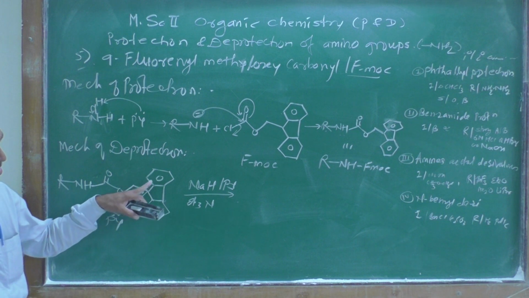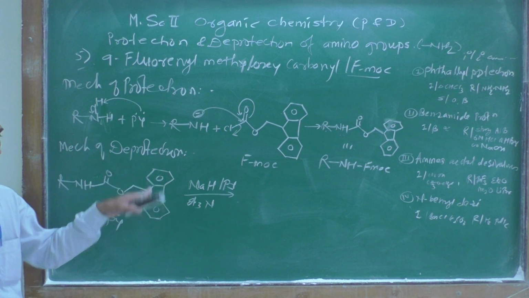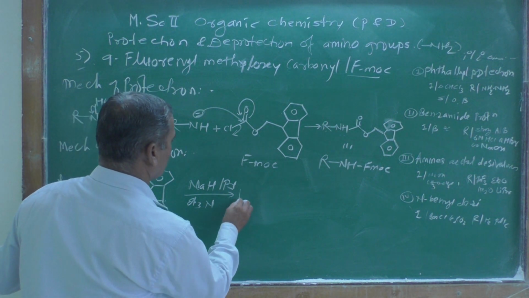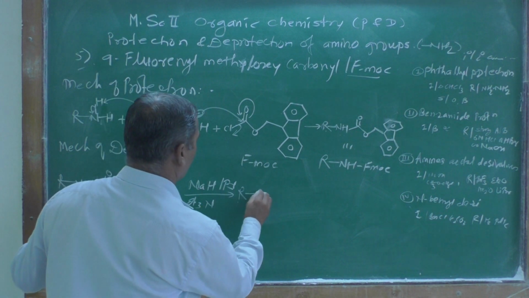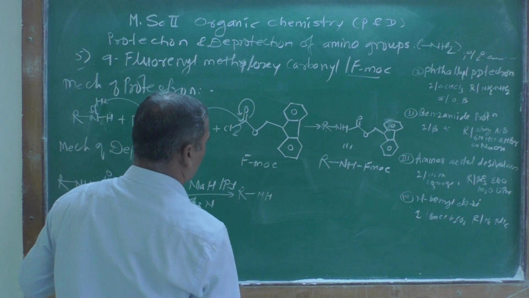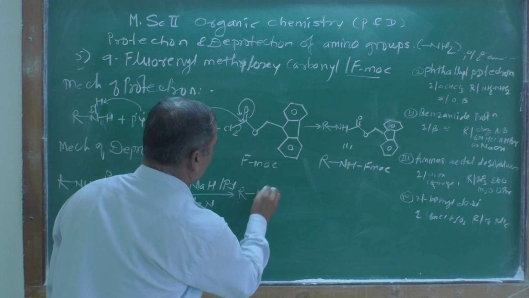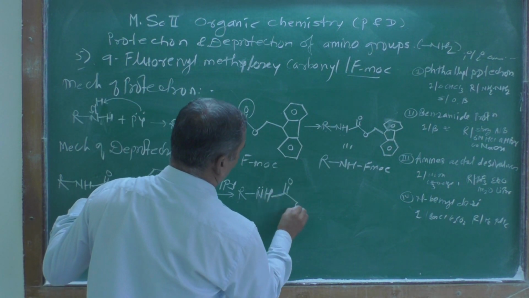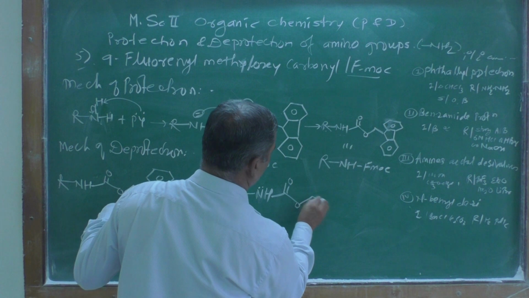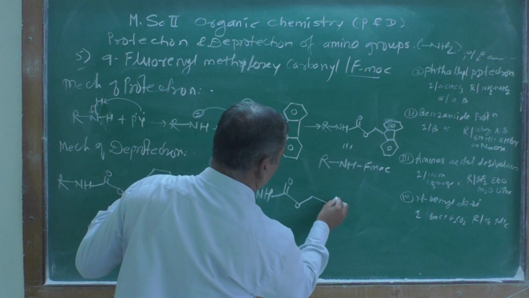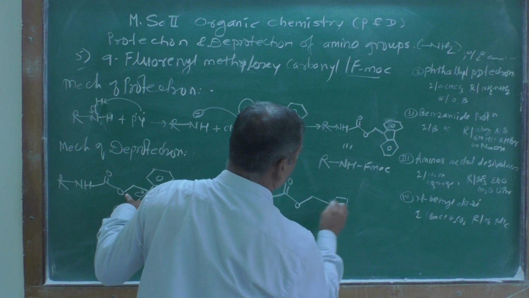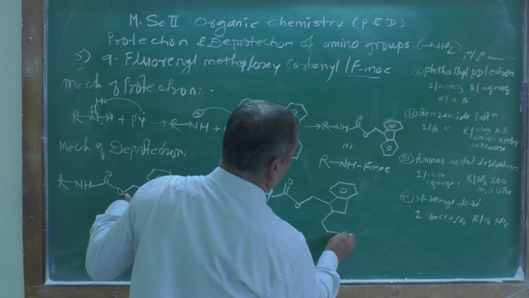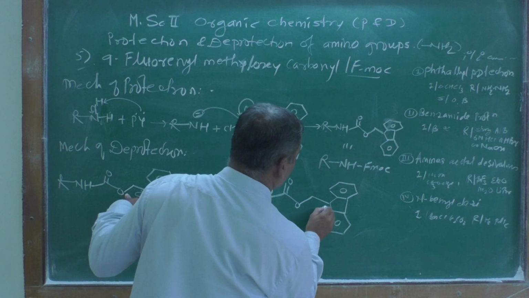That carbanion is well stabilized due to the two benzene rings present there, and that is why we get the structure R, NH, lone pair as it is, then C double bond O, then this CH2, this 5-membered ring joined with the 6-membered benzene rings, and a negative charge over there.